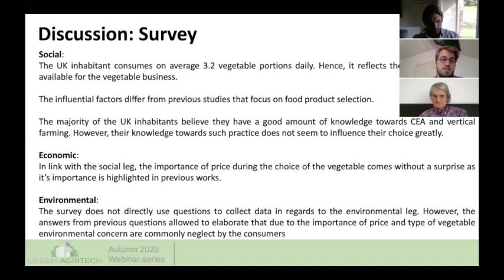From an economic perspective, we can see that price is very important, with 50%. And the importance of price for consumers has been backed by lots of literature. For example, a study on vegetable consumption in New Zealand indicated that 80% of the population is influenced by price.